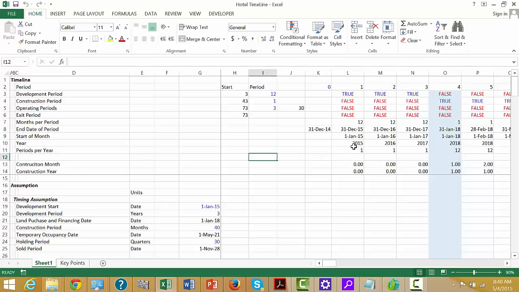I think we're going to put days per period, or fraction of the year. That's the best.